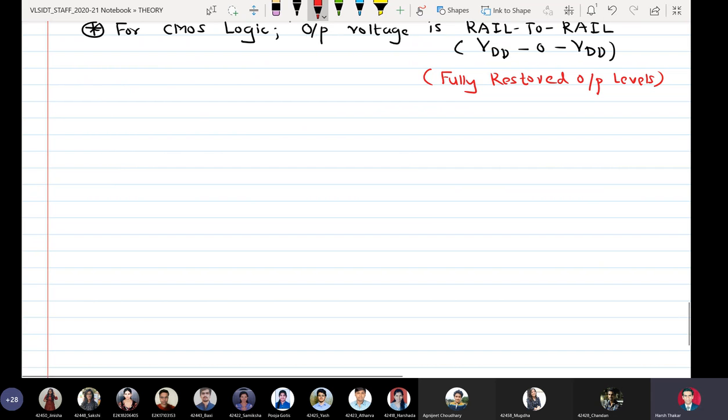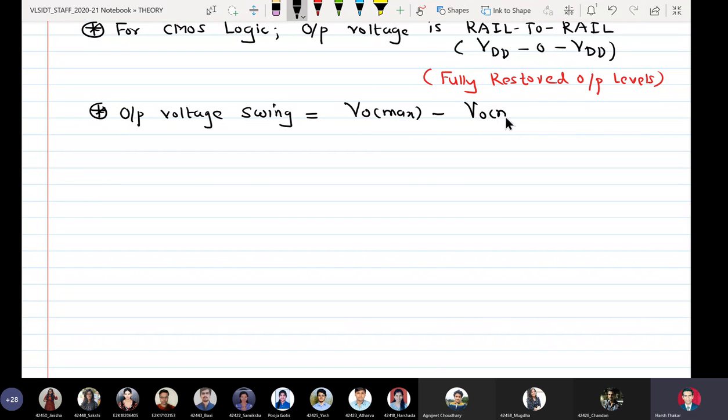So here the output voltage swing is VO max minus VO min, which is equal to VDD minus 0, equal to VDD volt.